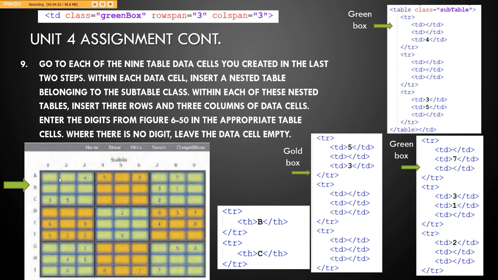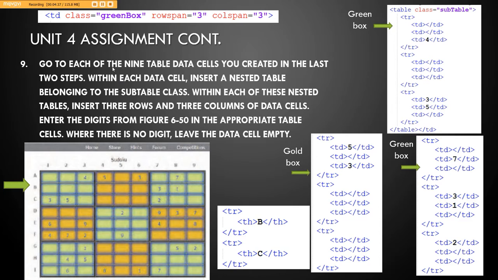So if we look at this, you'll see A represents green, gold, green, D, gold, green, gold, and G, green, gold, green. Now, B and C, E and F, and H and I are just blank. So you're not doing anything with them. They're staying the same. So everything in this box, and this box, and that box represents A.